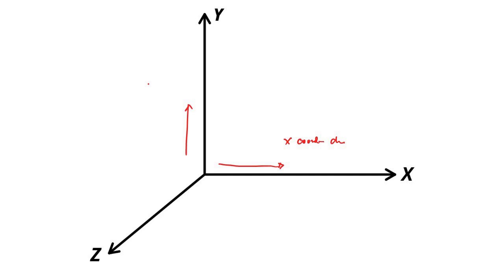It means, let's say initially the particle is here at the origin, and then it moved to this point. This is the initial point and this is the final point. So both the y and the x coordinates are undergoing change.